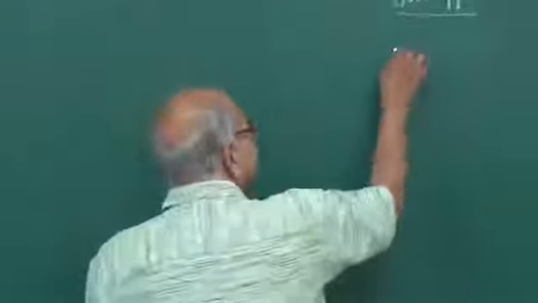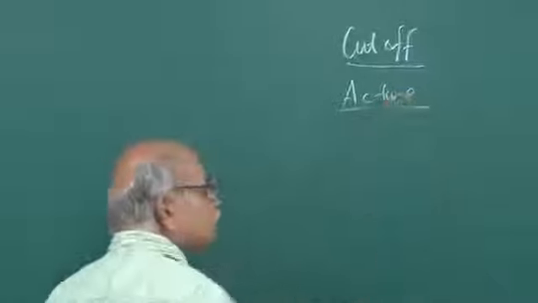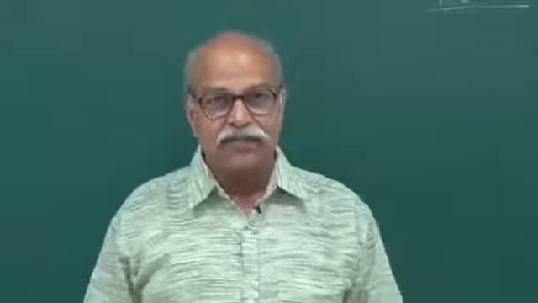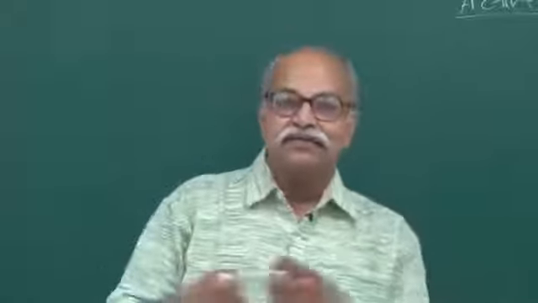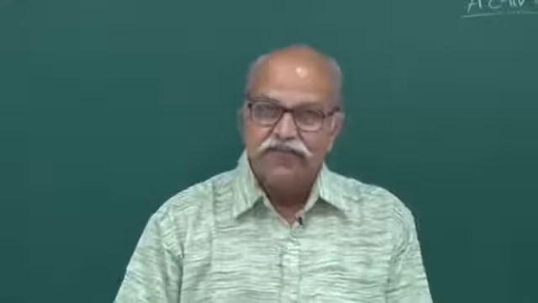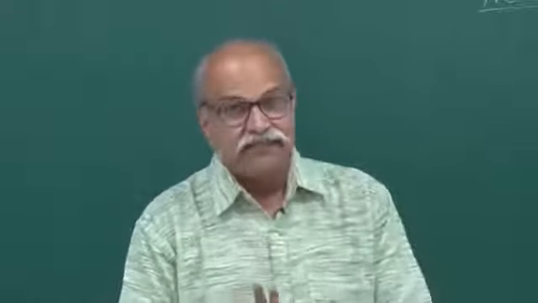Then we have the active region, and active region means the collector base junction is prepared, is ready, is strong enough to draw electrons from the base which are injected by the emitter. It is sufficiently reverse biased.